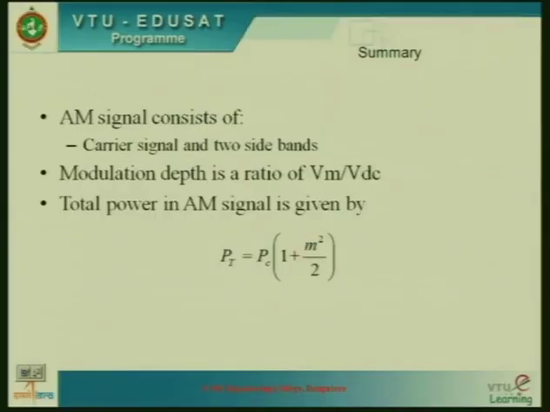And we also derived an expression for the total power required for transmitting an AM signal. That is, the total power is equal to the carrier power multiplied by 1 plus m square by 2, where m is the modulation depth. So, these are the three important factors that we discussed in the last class.